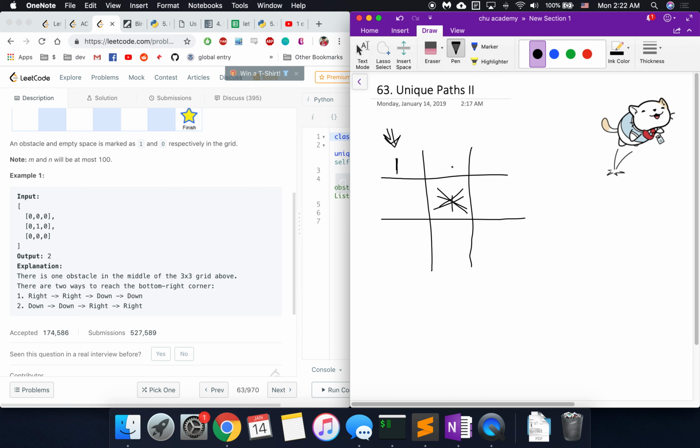The only way you can get to this square is from the first square, so there's also one path here, and the only way to get to this next square is through this square, so you're still following this one path. Over here, because there's an obstacle blocking your path, the only way you can get here is through the top one, so there's only one path here.